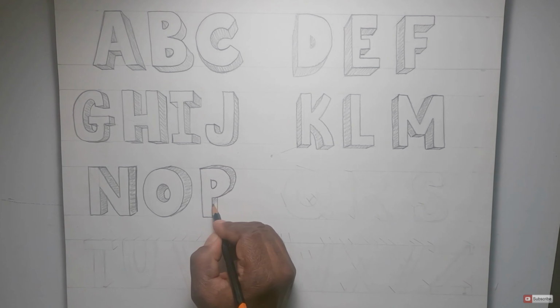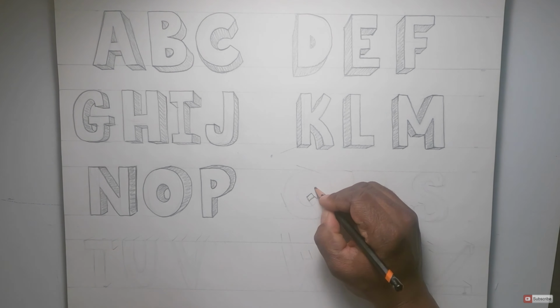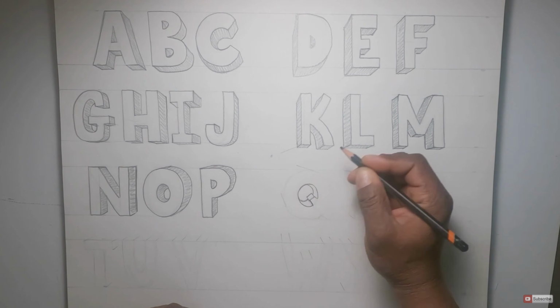As you see, for this row of letters, those lines are leading upwards towards the vanishing point.